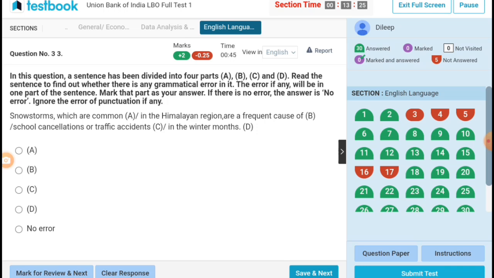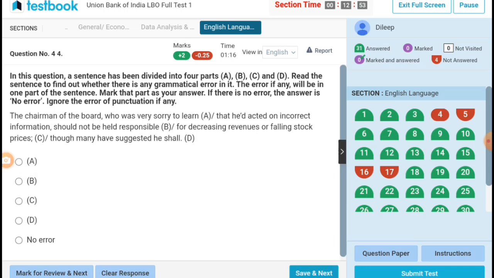Snowstorms, which are common in the Himalayan region, are a frequent cause of school cancellations.